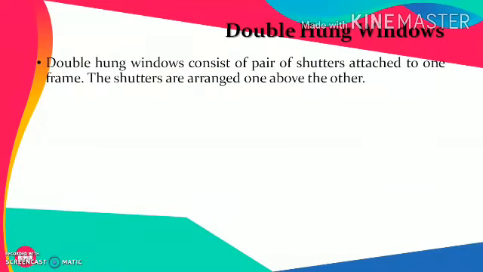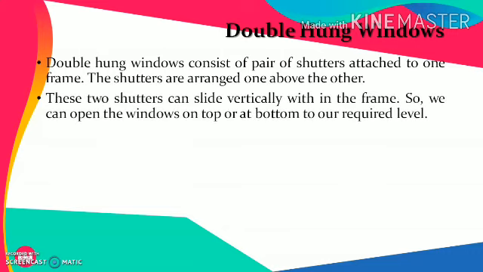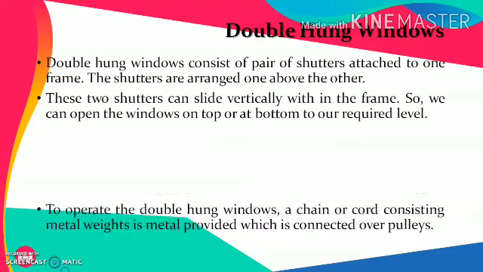Next is the double hung window. Double hung windows consist of a pair of shutters attached to one frame. The shutters are arranged one above the other. These two shutters can slide vertically within the frame, so we can open the window on top or at bottom to our required level.